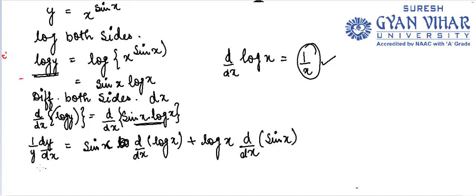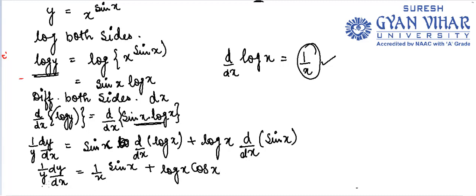So we can write it as 1 upon y dy by dx equals sin x times 1 upon x, plus, since the derivative of sin x is cos x, log x times cos x. Now dy by dx we'll simply multiply by y. So what we get is dy by dx is equal to y.